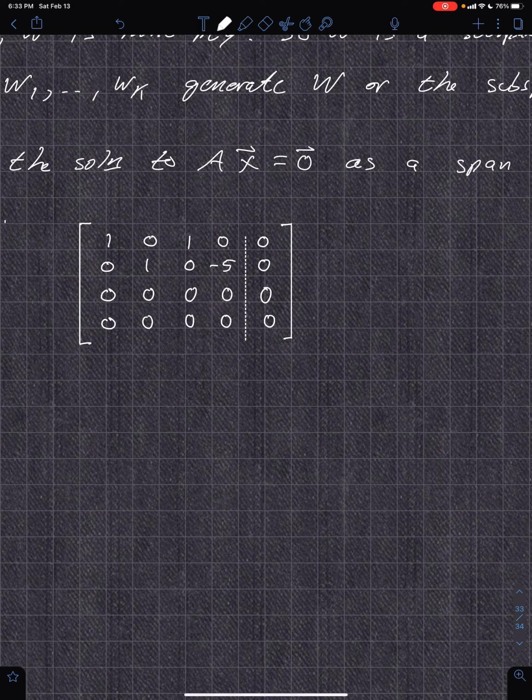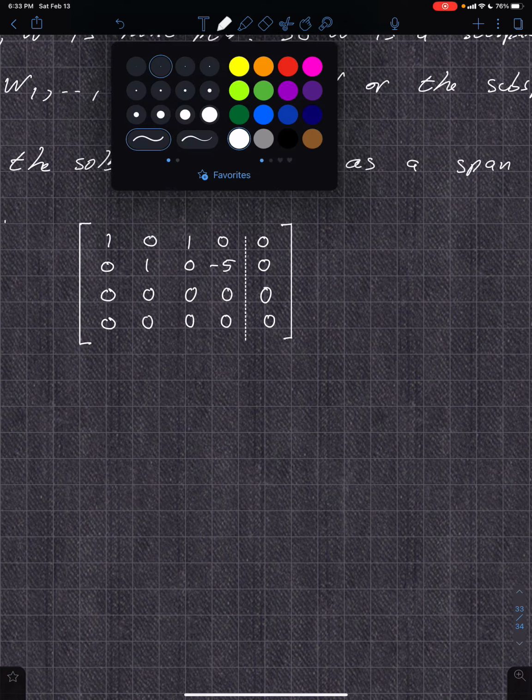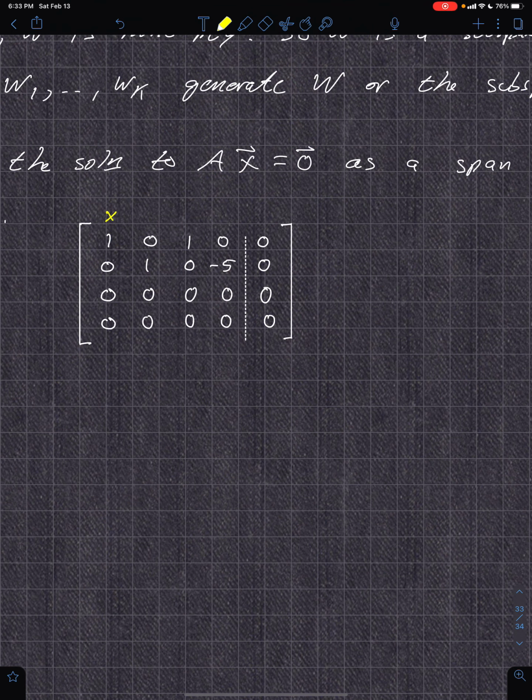Okay, so we always like to label these, so let's go up here and say this is x1, x2, x3, and x4. Now notice that originally it would be only 2 equations like that. So add the rows to make up basically 4 solutions.